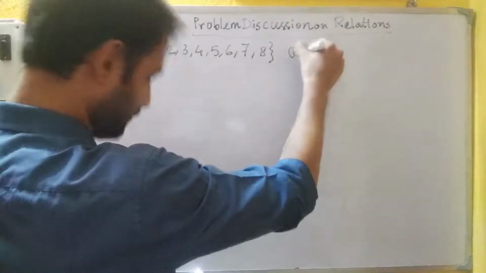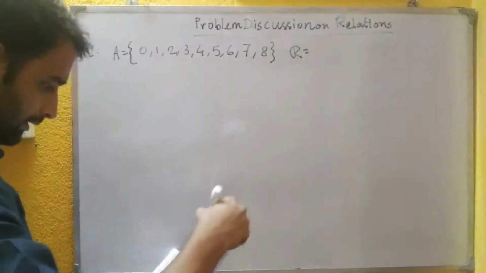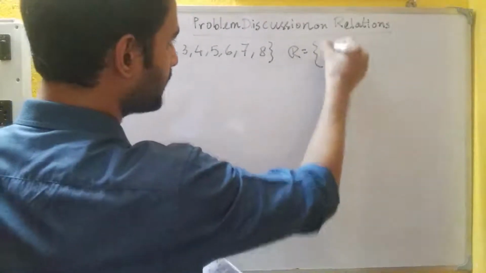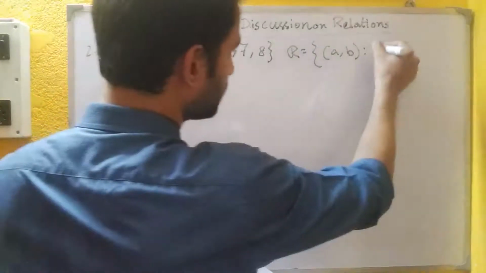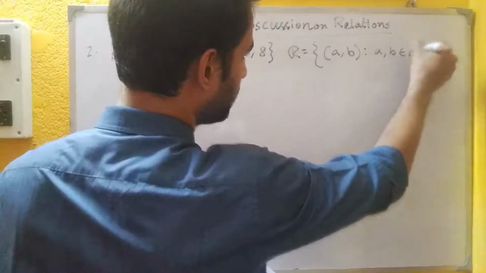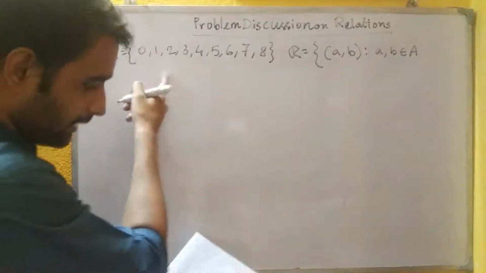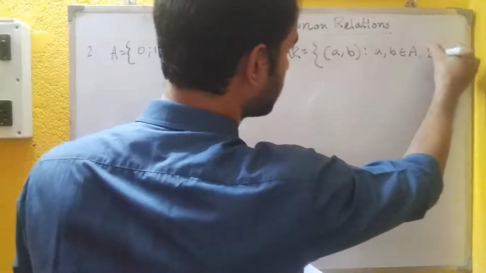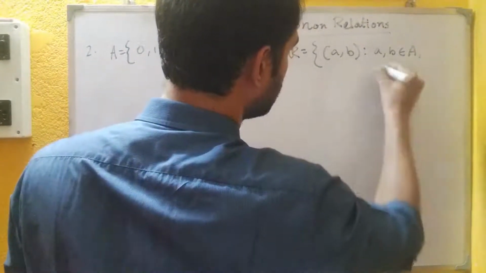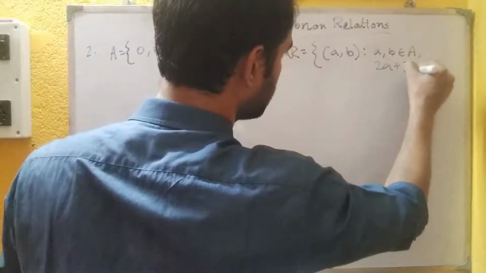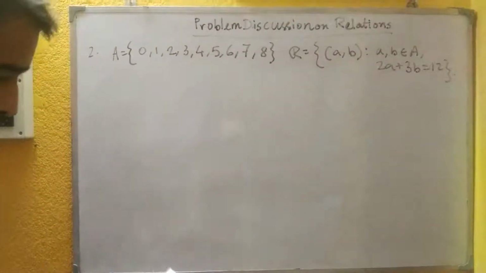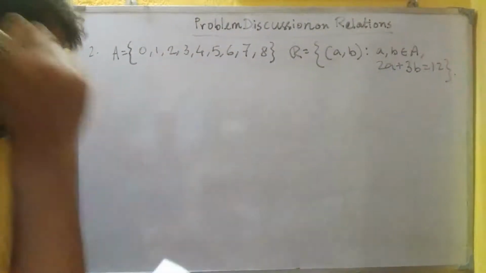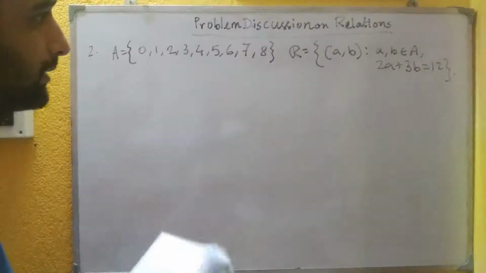And also the relation R is given as the collection of all ordered pairs (a, b) such that (a, b) belongs to A. That means it's a relation on the set A, and the rule is given as 2a plus 3b equals 12. So we have to find those (a, b) which satisfy this equation 2a plus 3b equals 12.